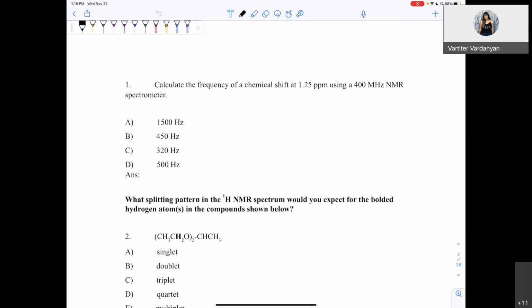Does anyone remember what the chemical shift equation is? Yes, Hertz over megahertz, ppm. So in this case, they give you the ppm, so it's 1.25. They give you 400 megahertz, and you need to find x.